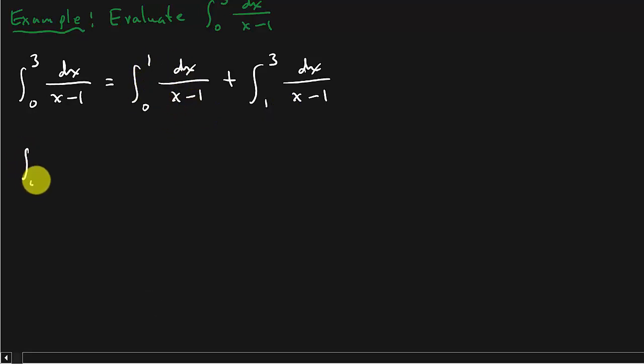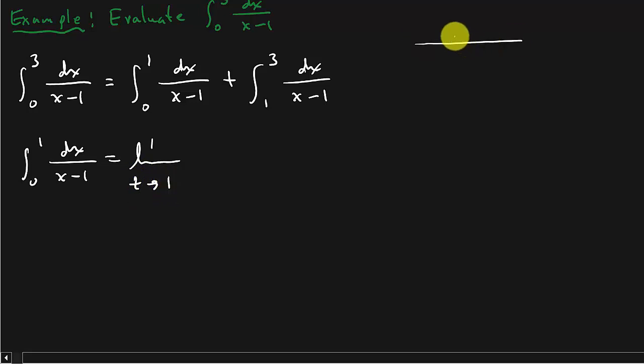So we've got the integral from 0 to 1 of dx over x minus 1, which is equal to the limit. Okay, so the limit as t goes to 1 from which side? Remember how I showed you, 0 to 1, it's discontinuous there.